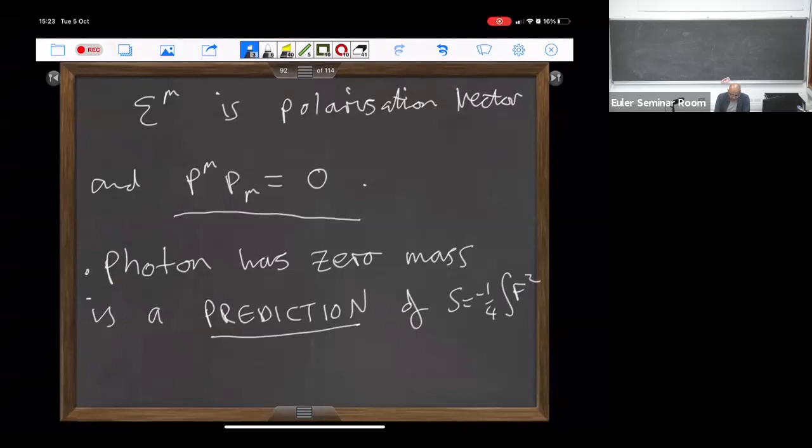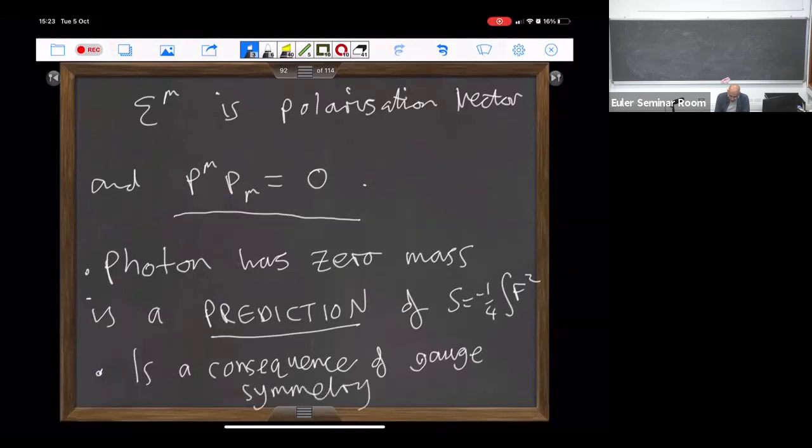And really, that's a consequence of the gauge symmetry, because the gauge symmetry forces F mu nu to take that particular form. And it's because of that form that the photon is massless.